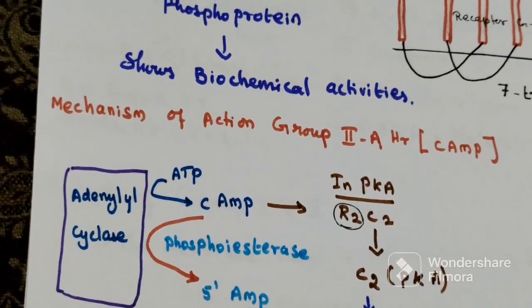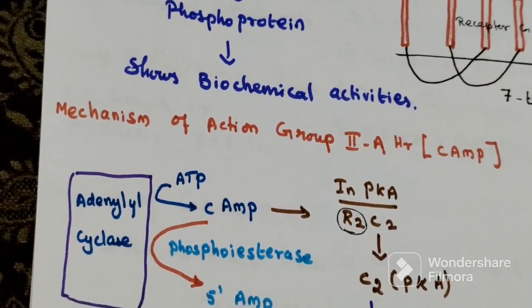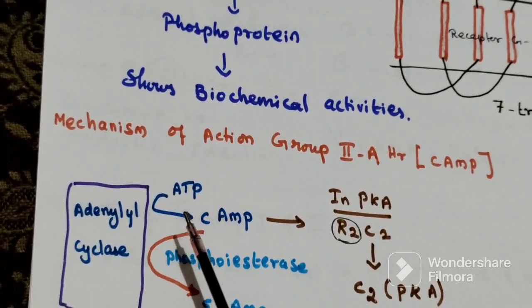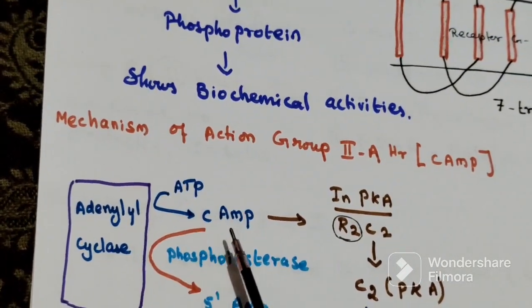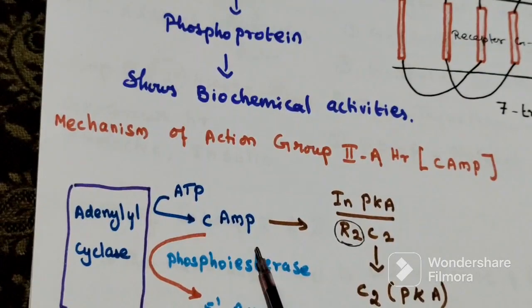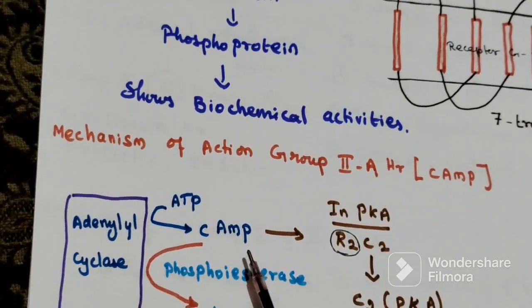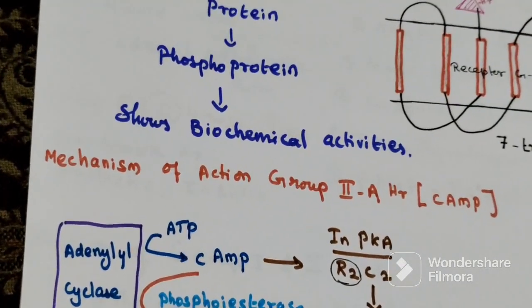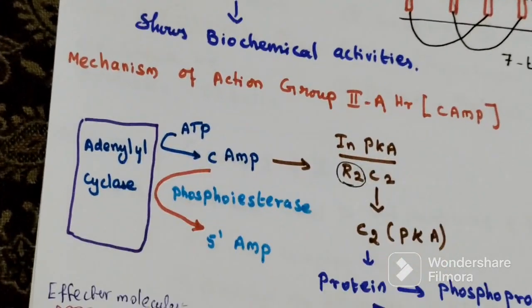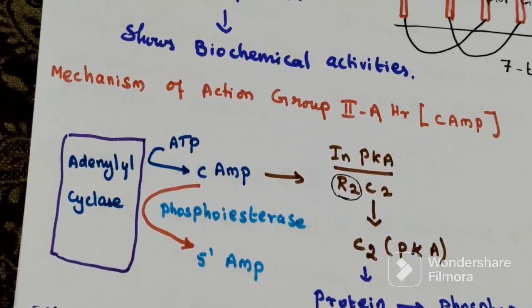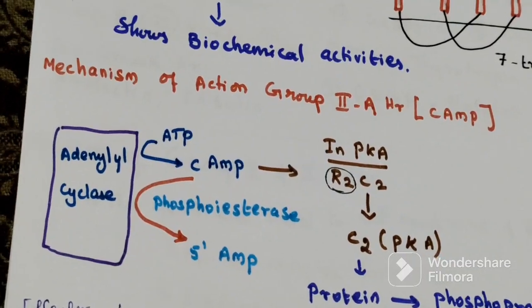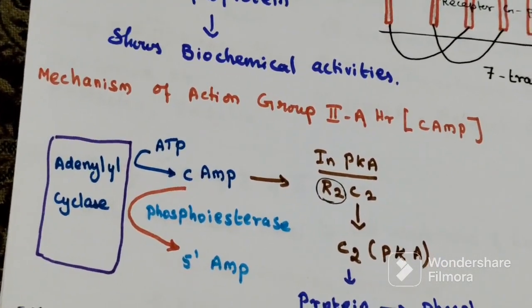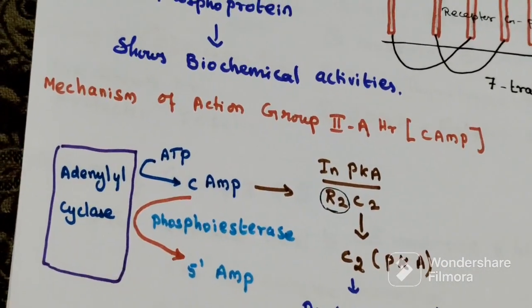Adenylyl cyclase causes conversion of adenosine triphosphate into cyclic adenosine monophosphate, and this cyclic adenosine monophosphate can be converted into 5' AMP, adenosine monophosphate, by the phosphodiesterase enzyme.